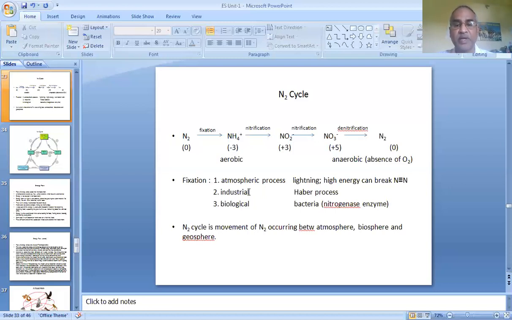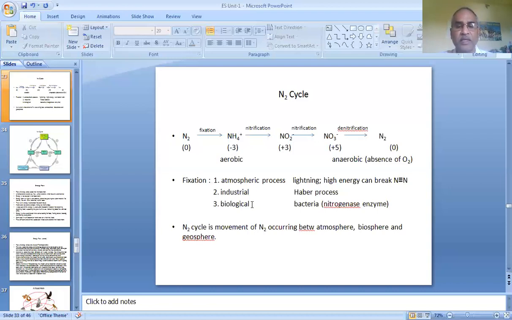Ammonia is made by combining nitrogen and hydrogen under pressure. That ammonia is used to make fertilizers, and those fertilizers are fed to the plants to grow and then give productivity. So that is the second method of making nitrogen usable.